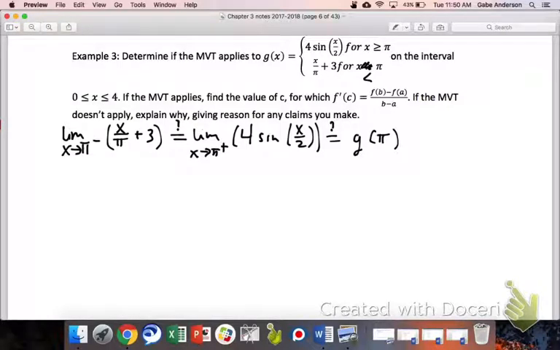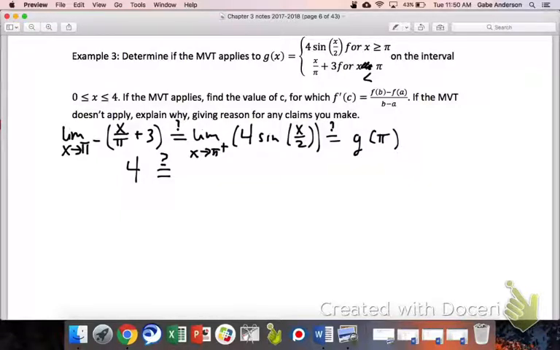Okay, so let's evaluate. If I'm going to evaluate a limit, isn't potentially the easiest way just to plug it in and see what happens? Direct substitution. So if I try direct substitution on the first limit, what do I get? Pi over pi plus 3. 4. Okay, so 4 equals possibly, if I try to evaluate it in the second one, sine of pi over 2 is 1, times 4.